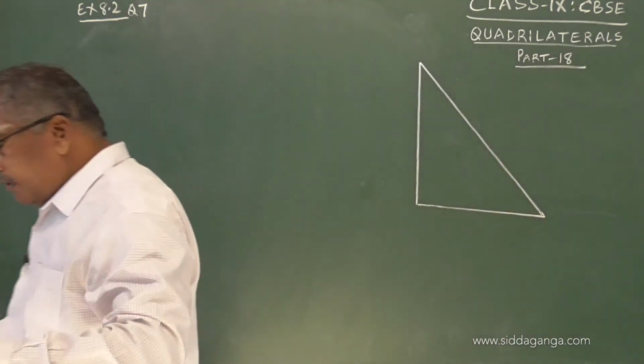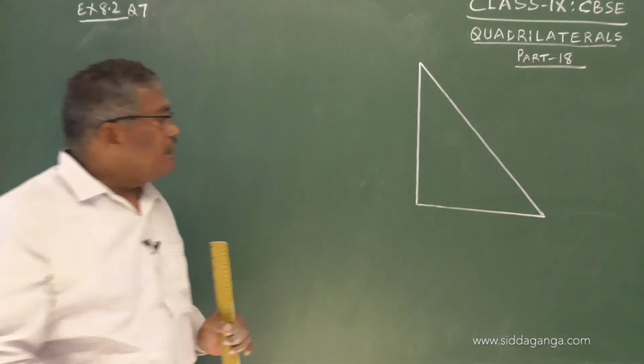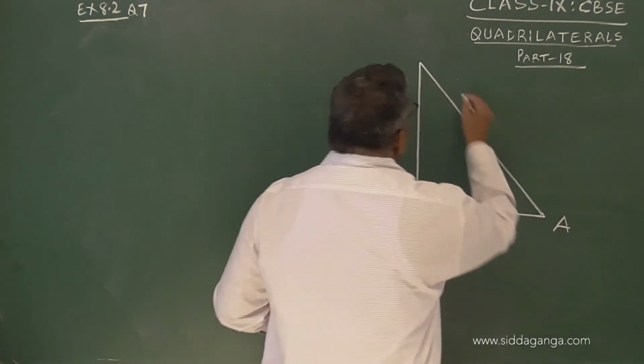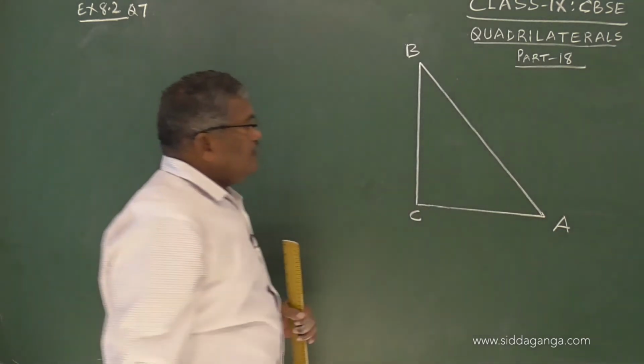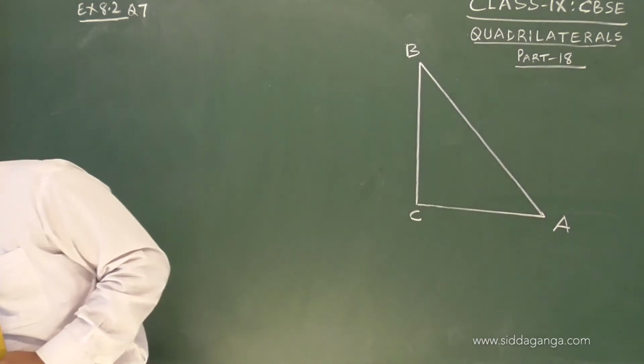So let this be the required right angle triangle with right angle at C. So therefore this is A, B, we will call this C. And what is given?